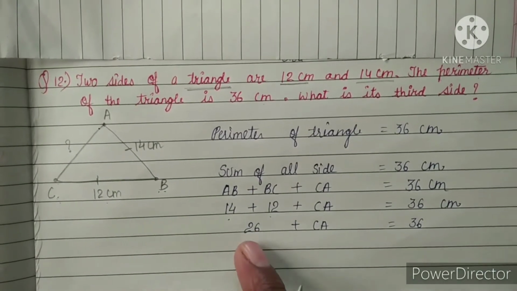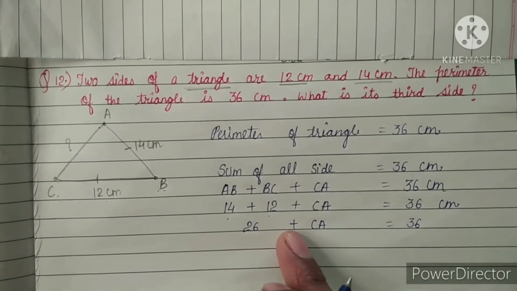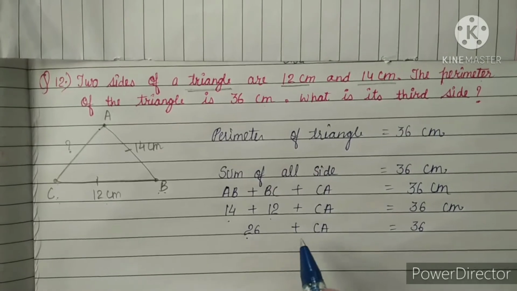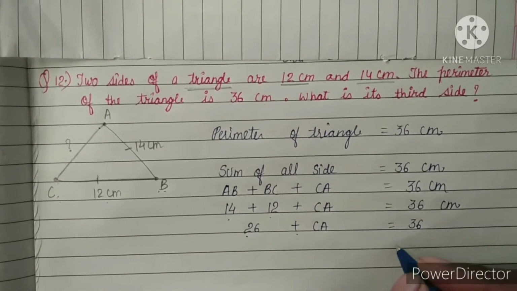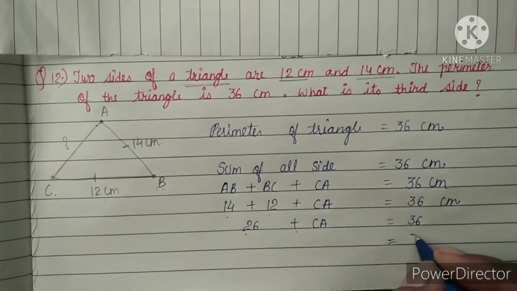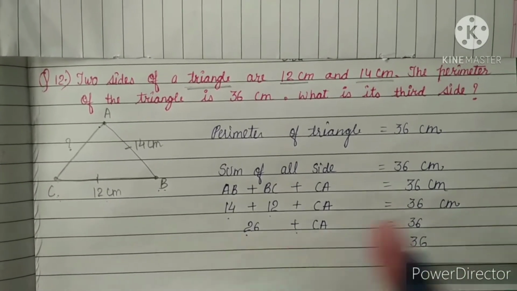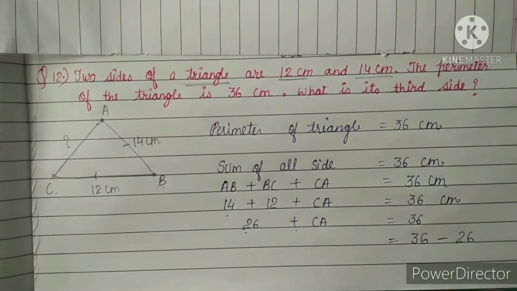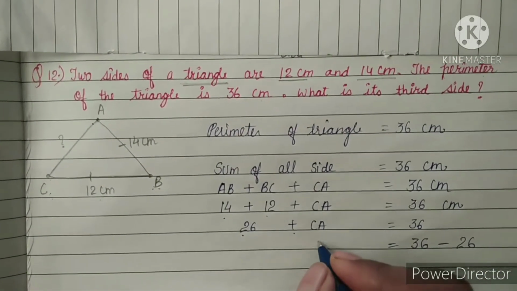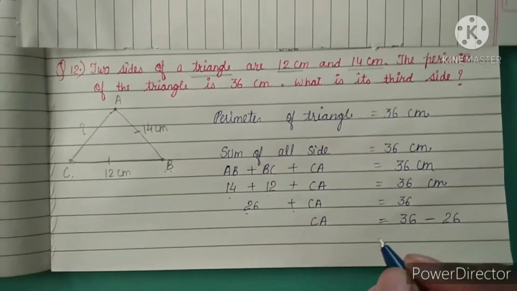You can see 26 is in the addition. When it jumps to the opposite side, it will change its symbol. So 26 will go to the opposite side in the subtraction. What is remaining here is the term CA.